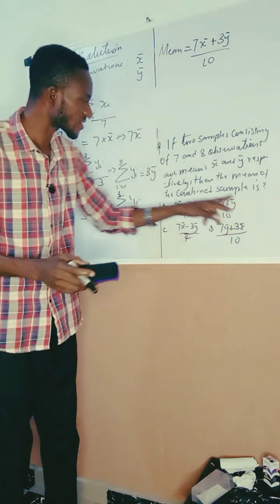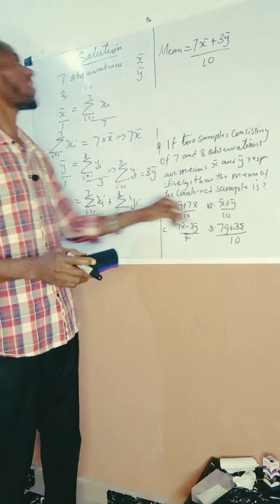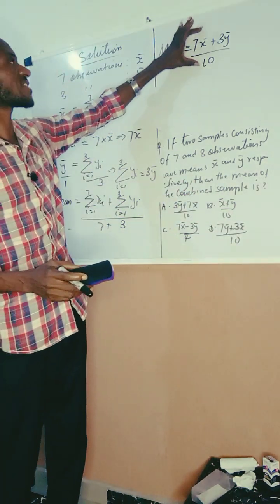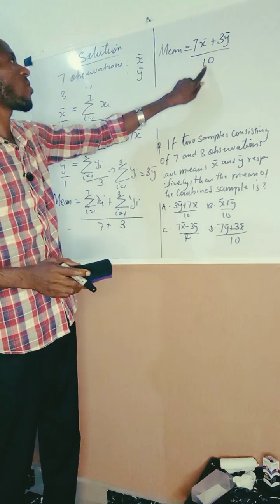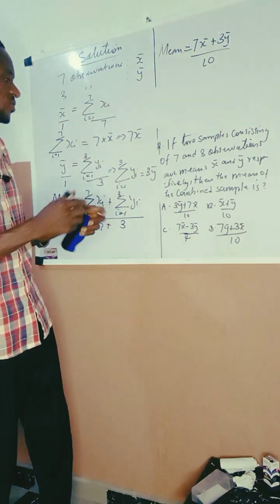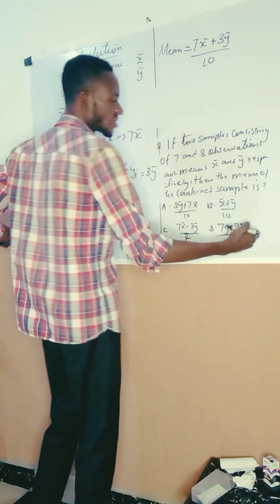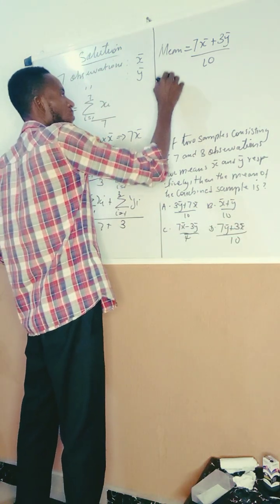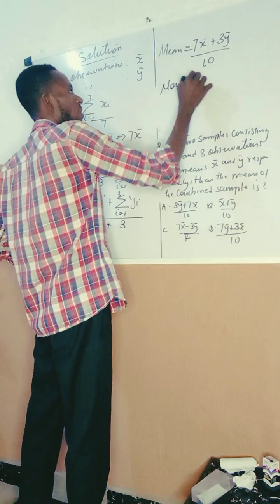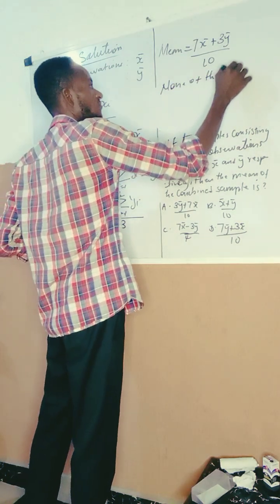So if you look at all these, you find out that no answer suits our 7x bar plus 3y bar all over 10. So the right answer there, which is of course option E, is none of the above.